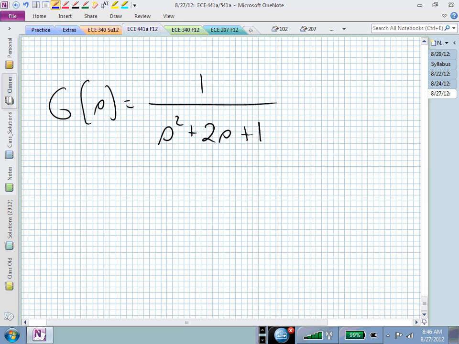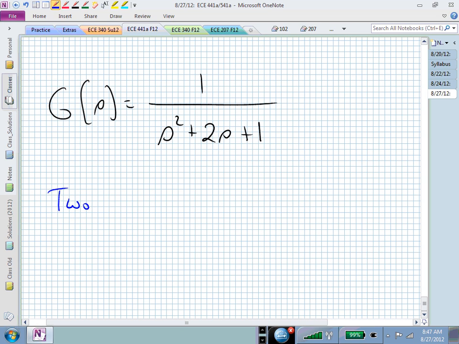There's no value of S, finite value of S, that causes G of S to go to 0. So they're in the numerator. If I looked for S's, I wouldn't find any, and I'd say, oh, there's no finite zeros. So I don't have any of those, but I do have 2 roots in the denominator. And what are they? These are real and equal, aren't they?